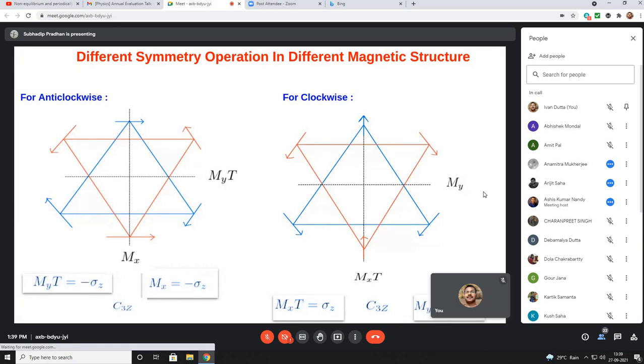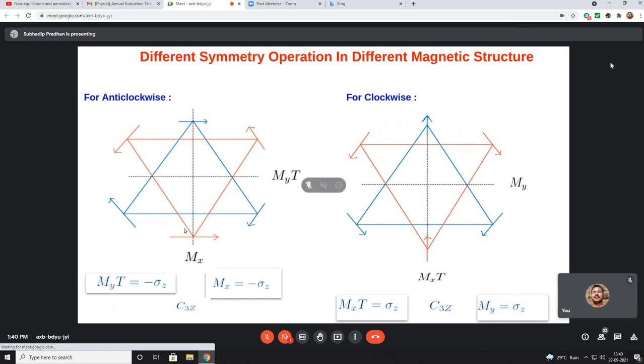If you rotate by 90 degrees, you cannot get this structure just by rotating. The symmetry will be changed now. C3 will not be there. A 120 degree rotation will give the same thing.